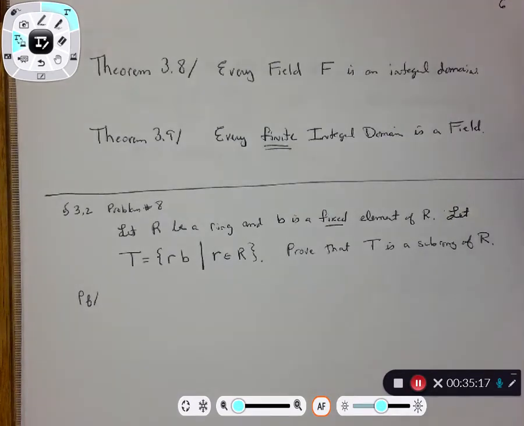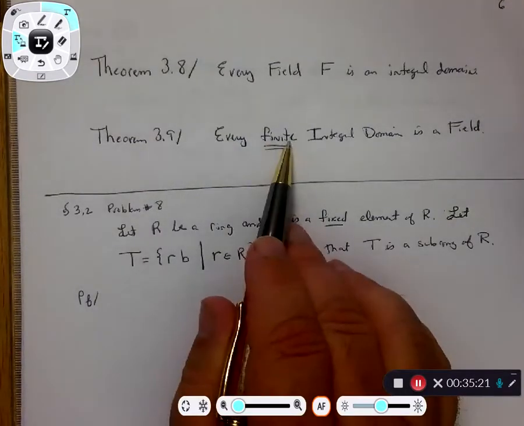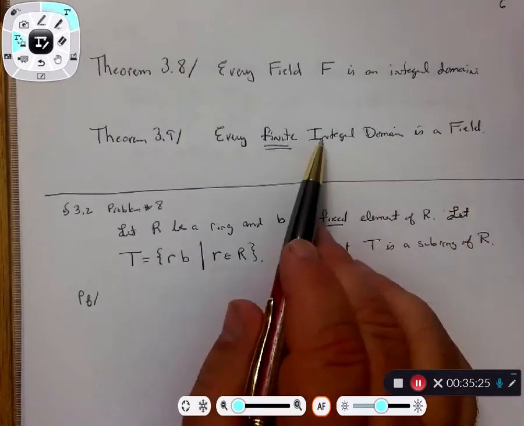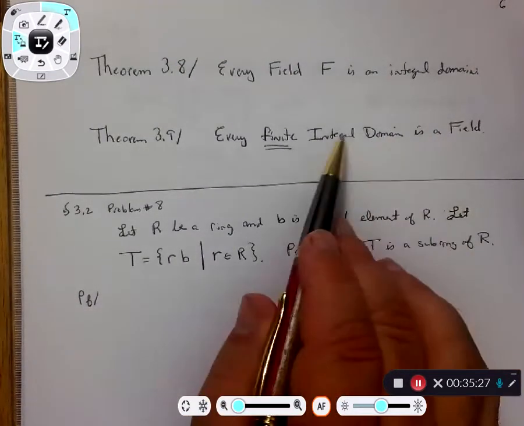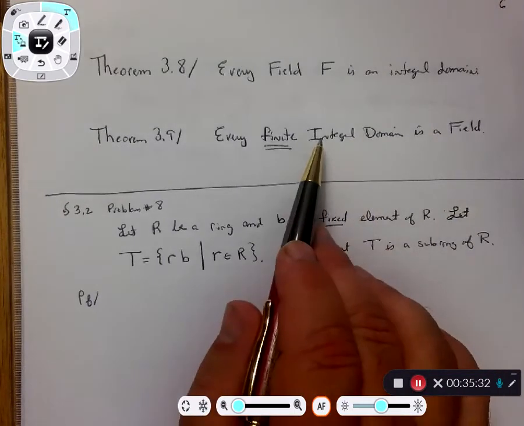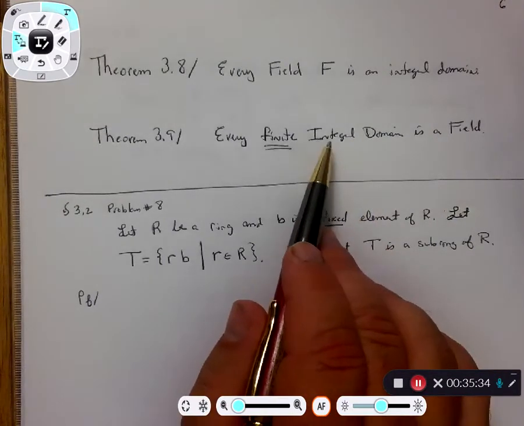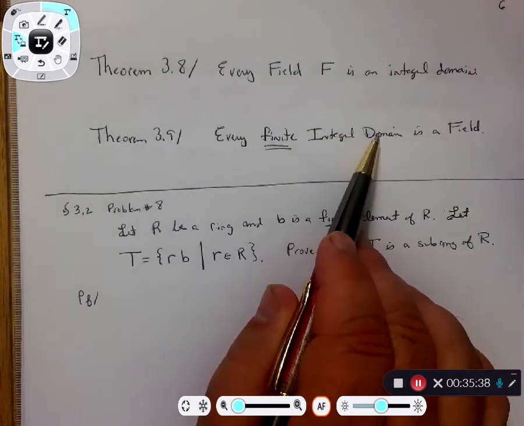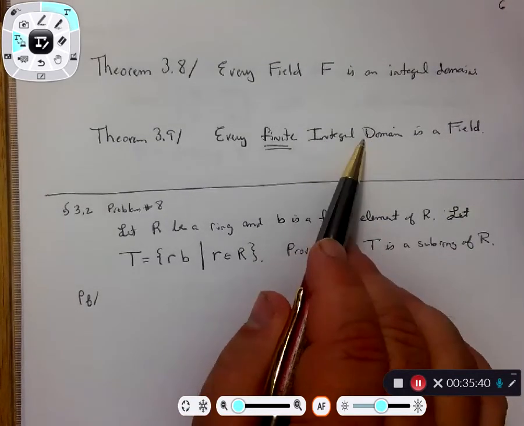And you've got Theorem 3.9, and this was something interesting too: every finite integral domain is actually going to be a field. So for an integral domain not to be a field, it has to be infinite, an infinite number of elements. If you go back and look at those Z mod n's, the ones that were integral domains with no zero divisors were the Z mod p's, Z mod primes.